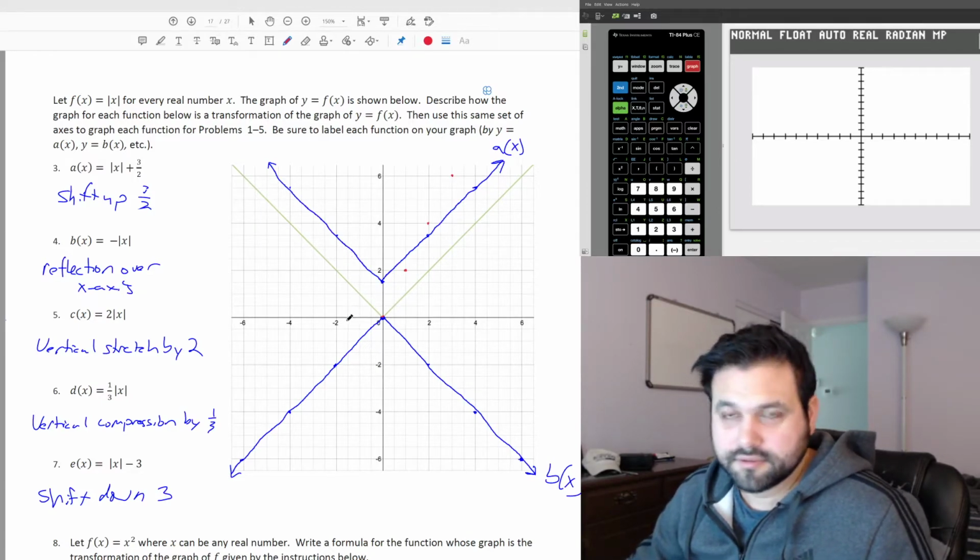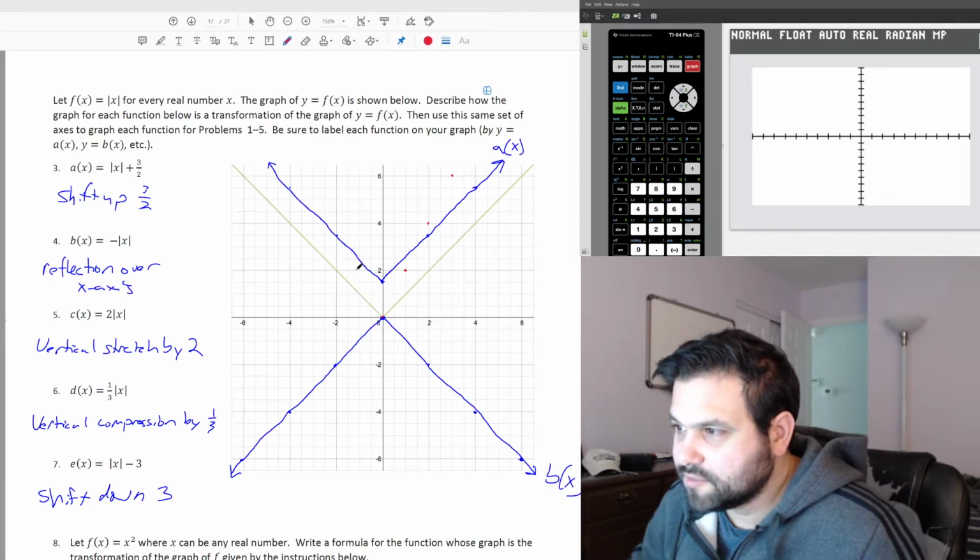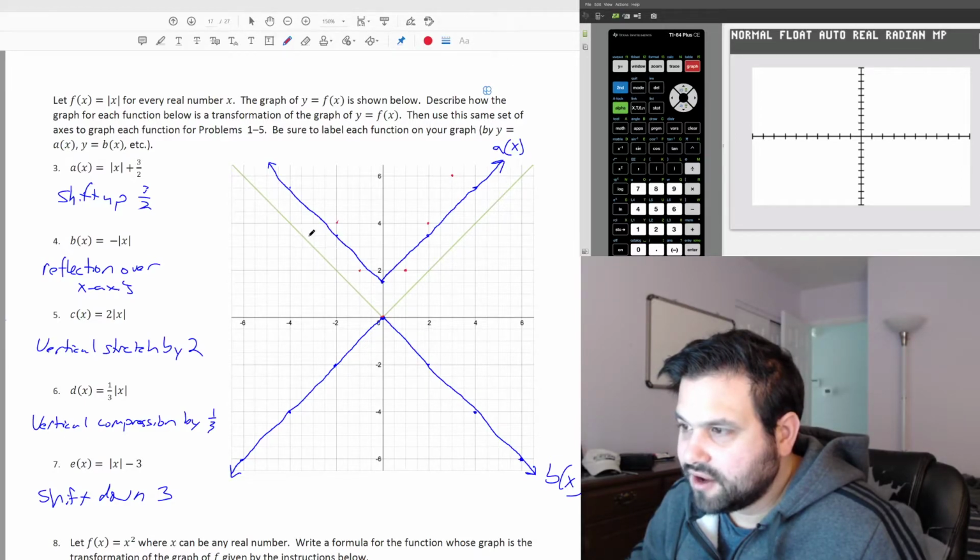And the same thing on the other side, right? This gets multiplied. Y value here of 1 gets multiplied by 2. Y value of 2 times 2 is 4. A y value of 3 times 2 is 6.